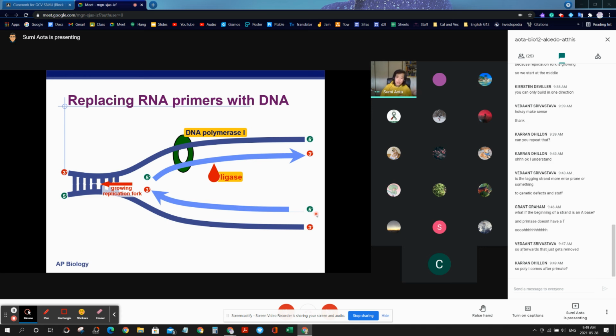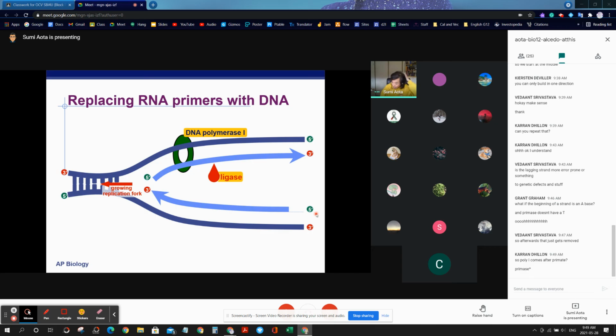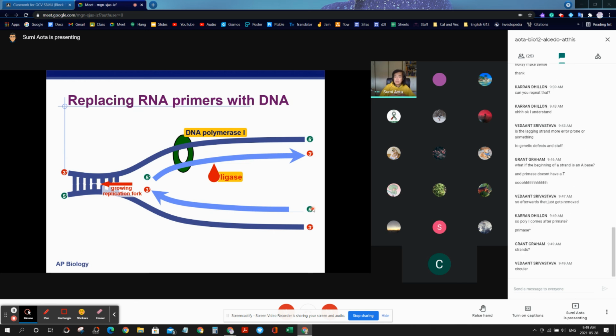However, with eukaryotic chromosomes, there is another particular problem that prokaryotic chromosomes don't have. What shape do prokaryotic chromosomes have? Yeah, circular.